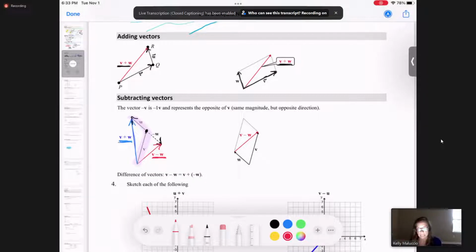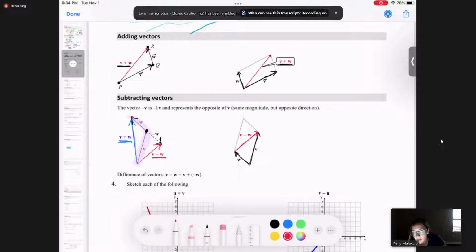And then the second way, if you have vectors V and W that are starting at the same point, what happens is, when we subtract, instead of coming out from that same point like we did to add, we actually just connect these two and make our triangle and say, what is the difference here, V minus W?